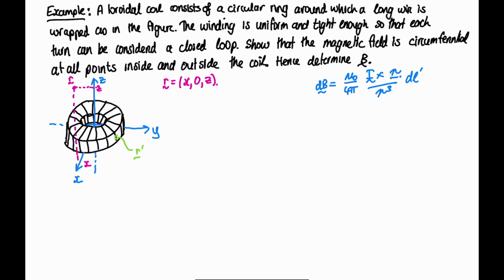Now, because the toroid has circular symmetry, it's easier to really say where this is in cylindrical coordinates. So let's say that this is our radius s prime, and the angle it makes with the x-axis here is phi prime, and it's a height z prime above the base of the z-axis like that.